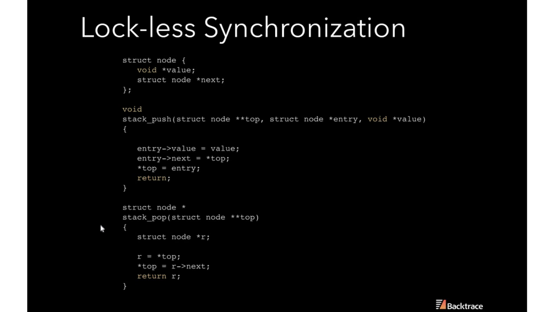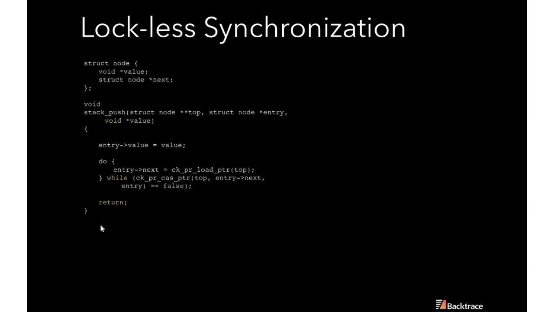So what we're going to do is turn this into a lock-free push operation. We're going to rely on the compare and swap operation here. We're going to store the value into the supplied node, and then take a snapshot of the top of the stack. We're using a load pointer here, which is just an atomic load.